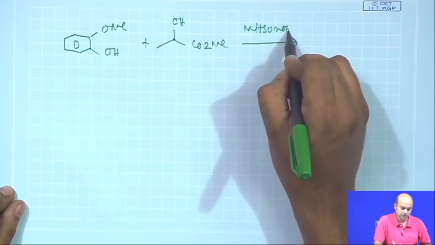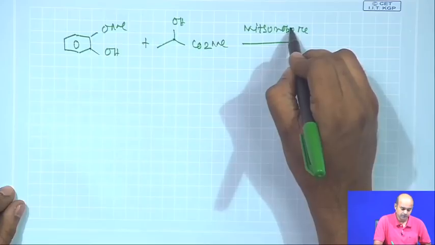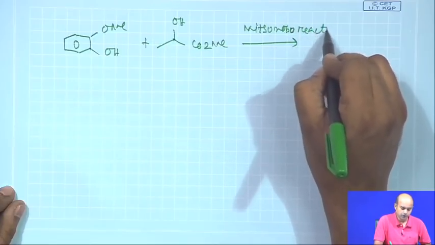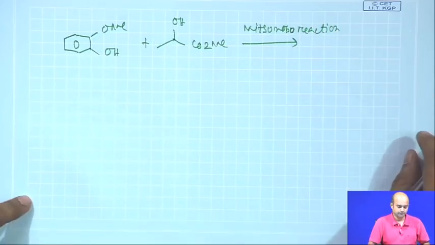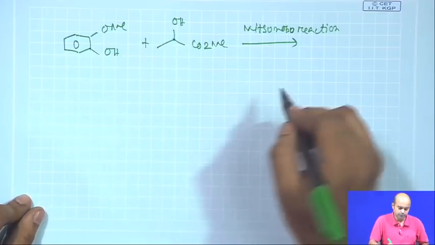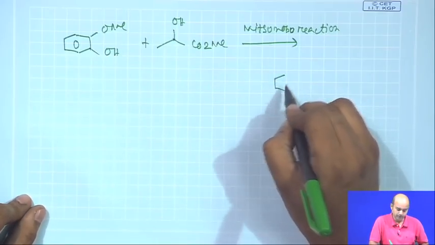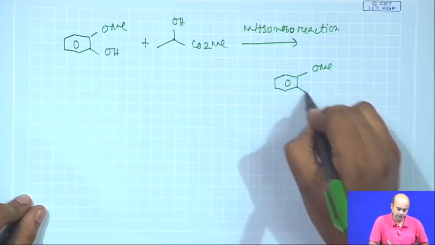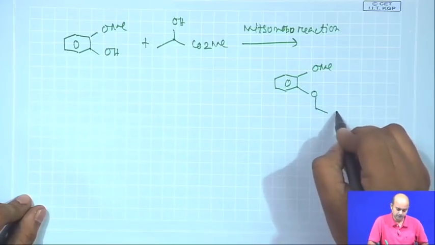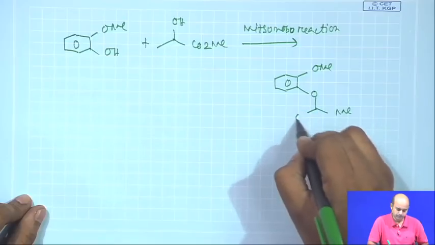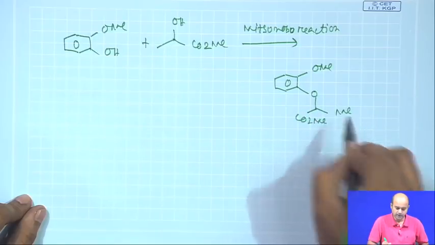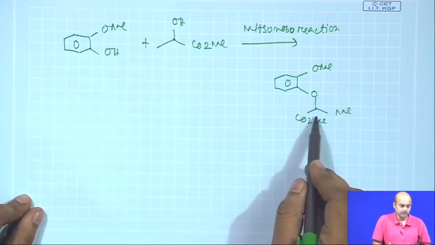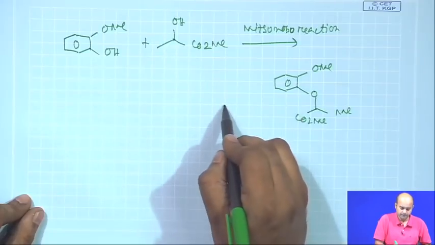We will explain the mechanism a little bit later when we talk about functional group based strategies. The Mitsunobu reaction is very useful and you will basically get the corresponding ether like this. Okay. This is one of the intermediates which you explained earlier.